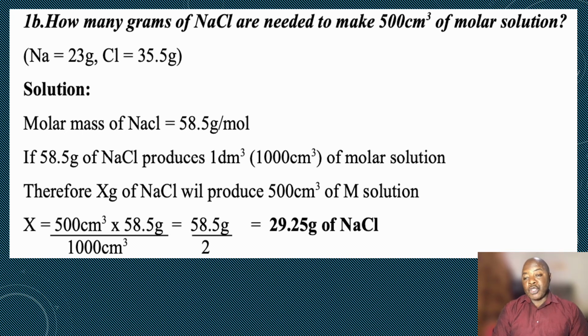That is a molar solution. So if 58.5 gram of sodium chloride produces 1 dm cube or 1000 cm cube of molar solution, then what will be the amount in 500 cm cube? It's just a cross multiplication. 500 times 58.5 divided by 1000. You have the answer.